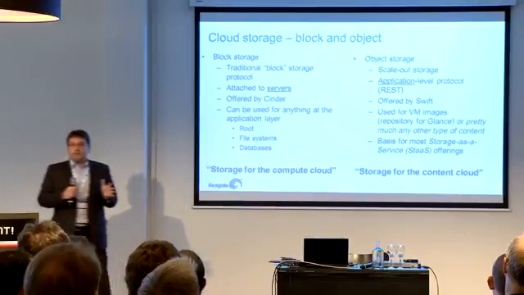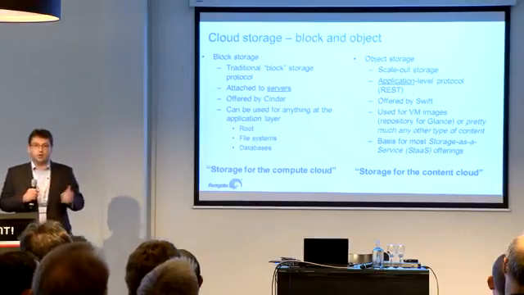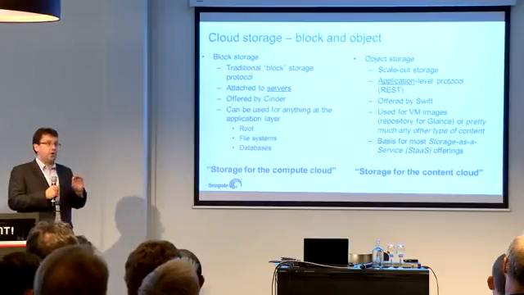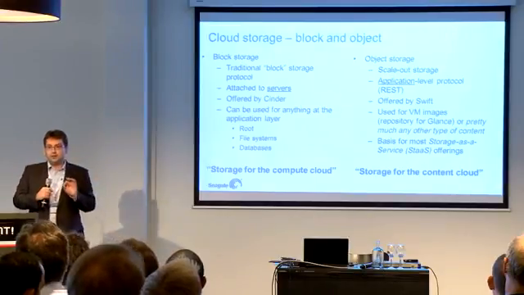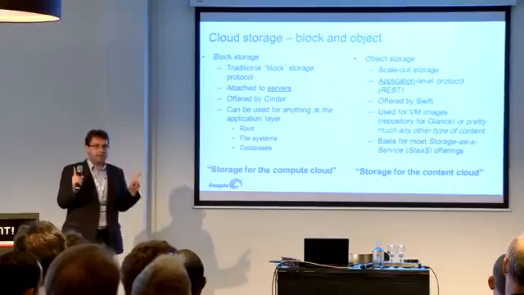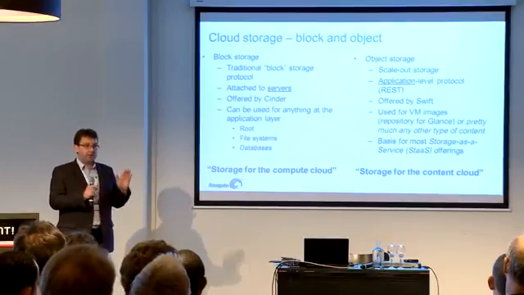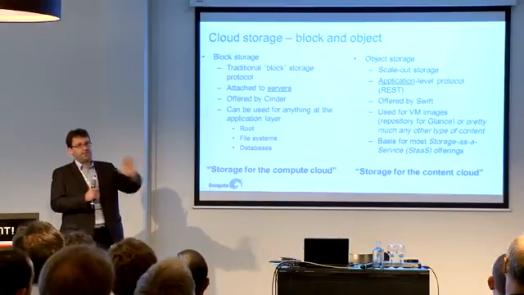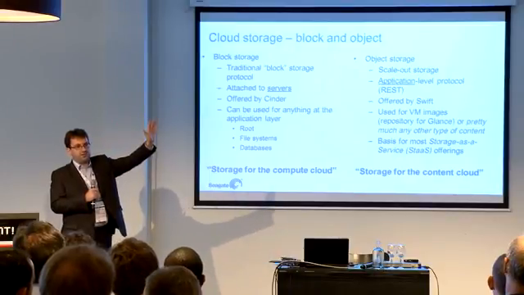So let's say you're building a cloud service, and you're using OpenStack. OpenStack requires two different types of storage, primarily. It requires block storage, which is exposed via Cinder and attaches to your Nova compute instances.